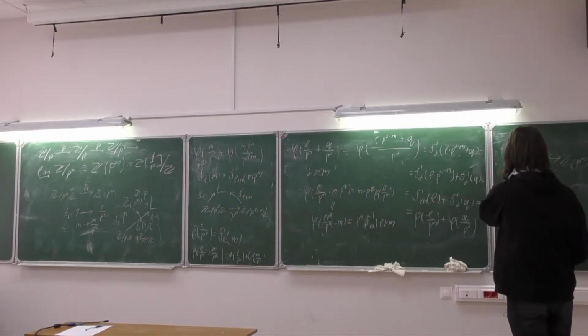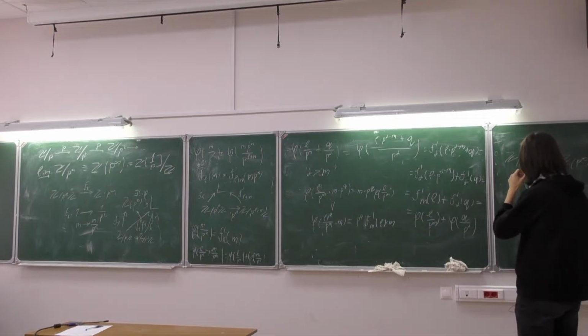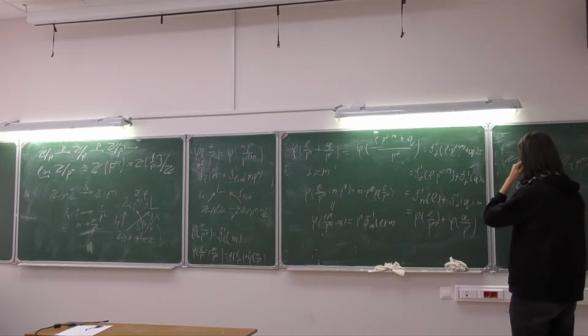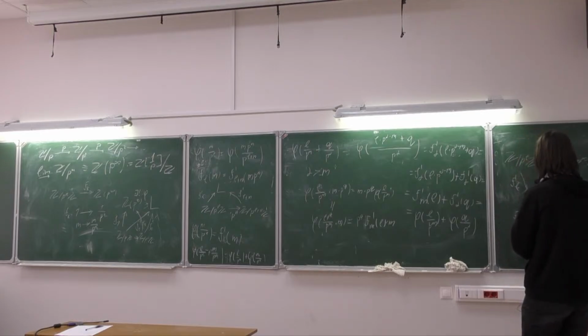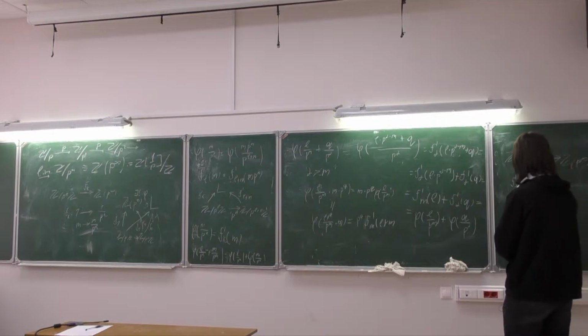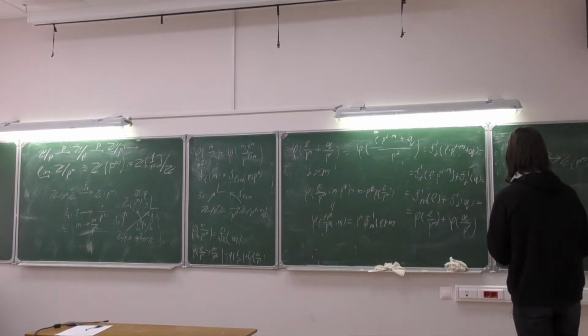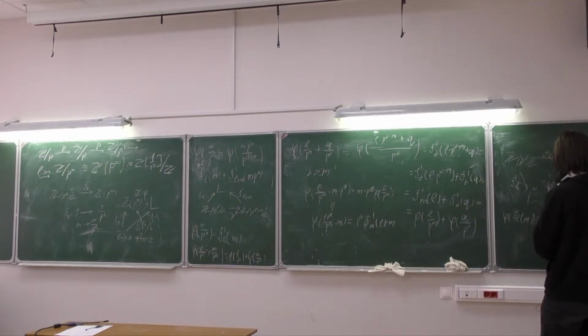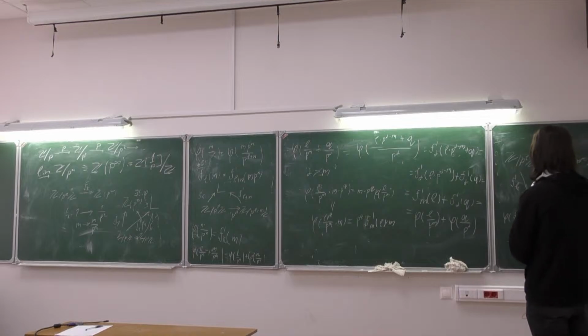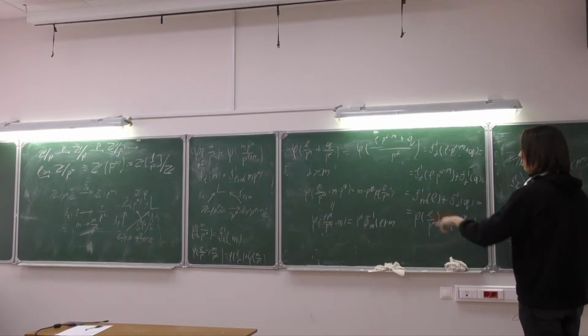So we just defined that, and by definition all these triangles are commutative, and we checked that a triangle like this is commutative.